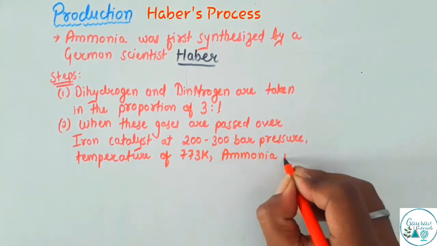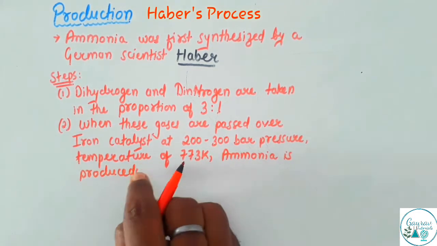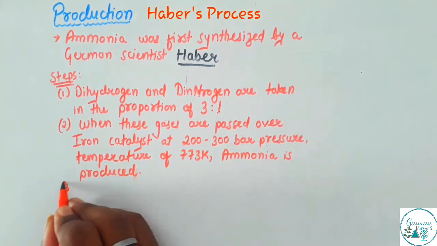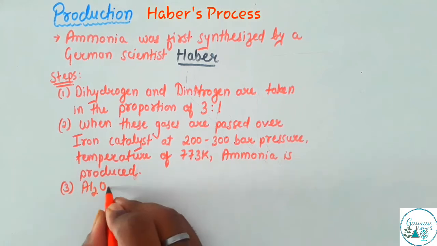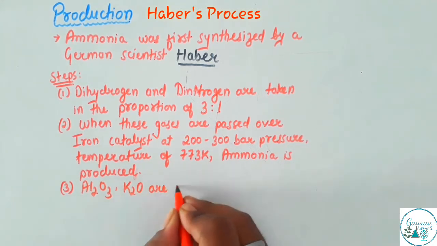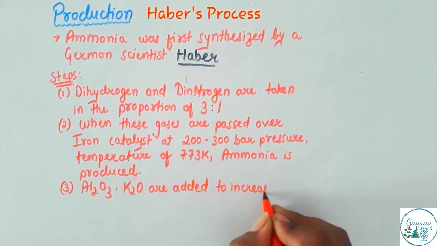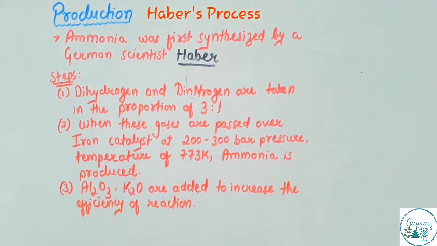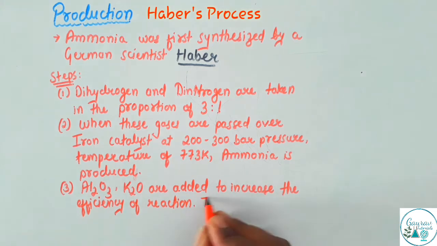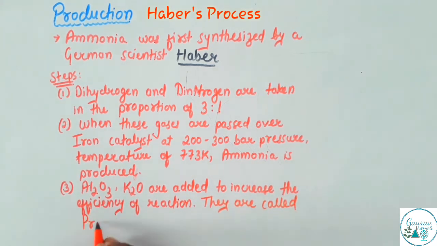The ammonia gas is produced. During the reaction, substances like Al2O3 and K2O are added to increase the efficiency of the reaction. Since these substances make the reaction more efficient, they are also called promoters.